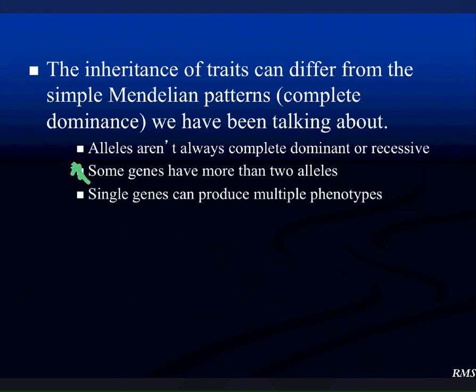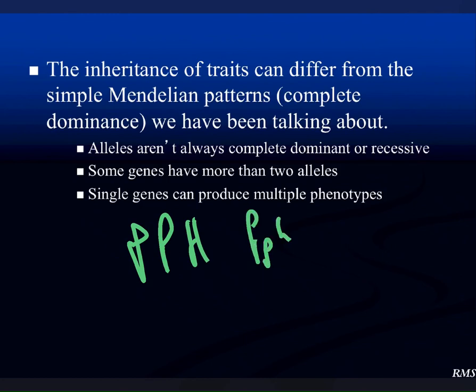Some genes have more than two alleles, so what happens if there's more than two alleles? And then the other thing is that sometimes one gene can actually have multiple phenotypic effects, so there are multiple phenotypes that could come out of that one gene.